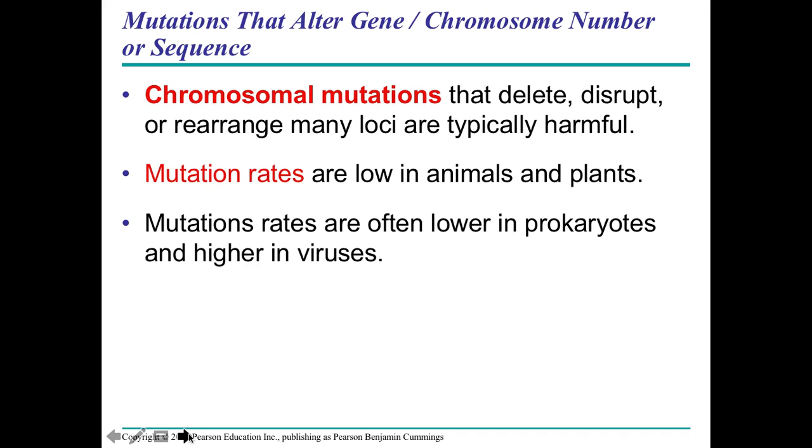We don't see mutations happen very often, but they are a lot higher in prokaryotes and even higher in viruses. You can see from our last chapter, when we talked about how HIV viruses are always changing and adapting really quickly, that we can see that from generation to generation. But in animals and plants, it takes forever to see mutations change a population.